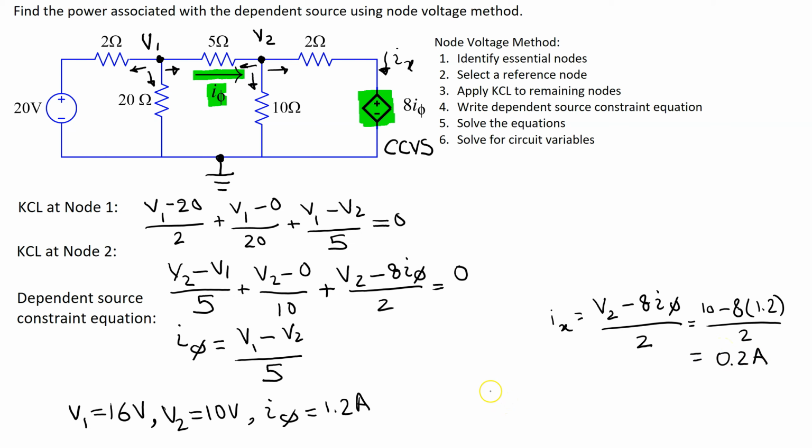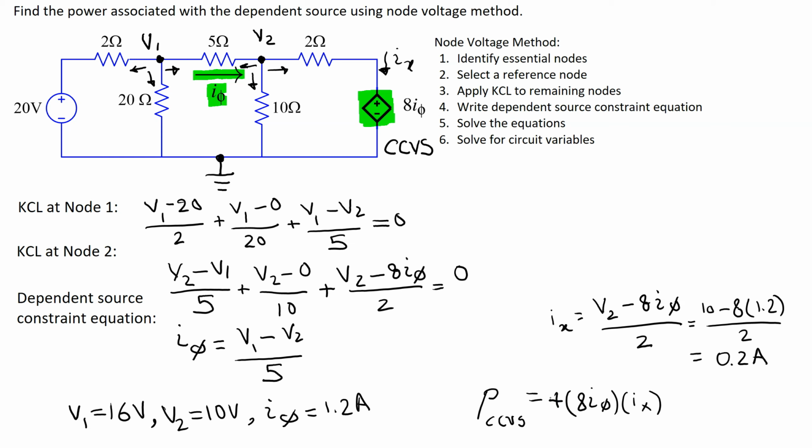Now the power associated with the current controlled voltage source is the product of the voltage, which is 8 I phi, and the current, which is Ix. We apply the passive sign convention to decide the sign of the power equation. Since this current Ix is entering the terminal marked plus, we use the power calculation with a plus sign.